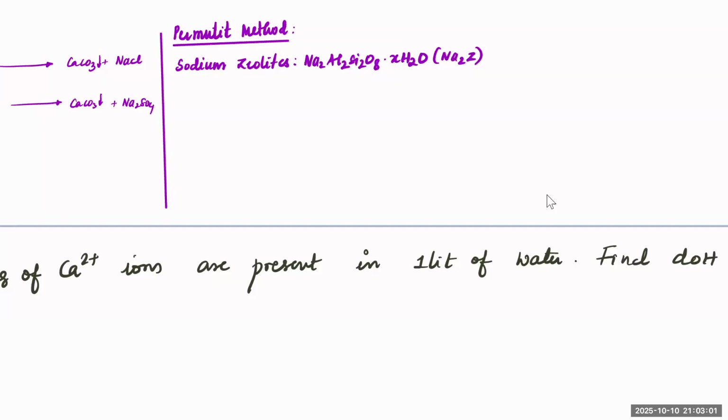Got it? So, what exactly we do? Na2Z plus calcium 2 plus present in water, that will form CaZ plus 2 moles of Na plus. Okay. This is the way we can remove calcium, and the same logic applies to magnesium also.